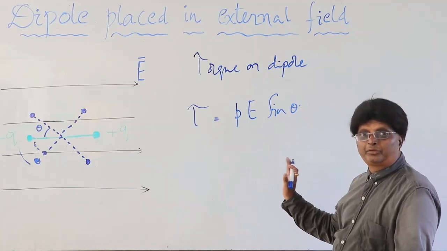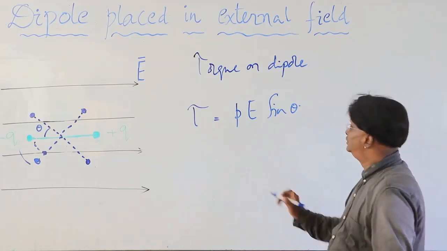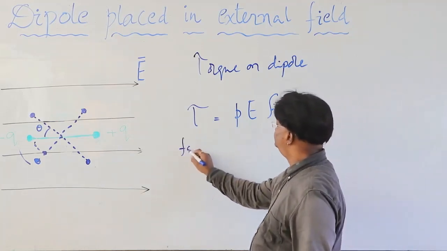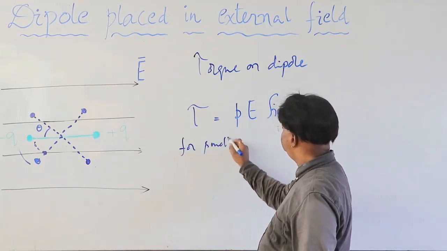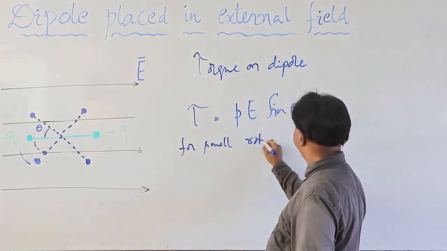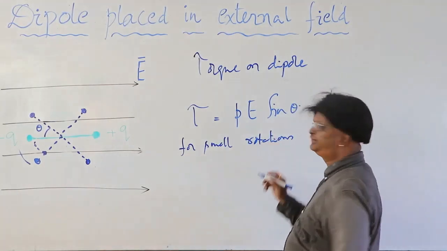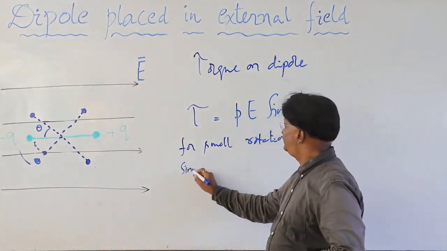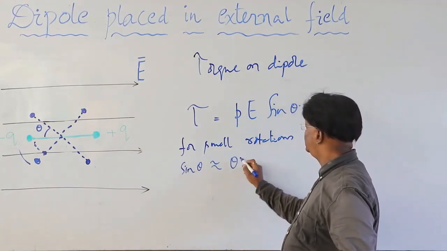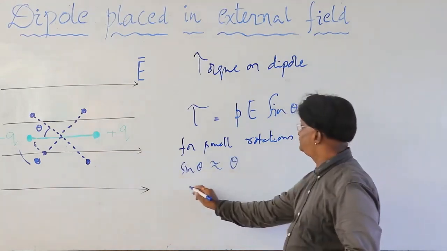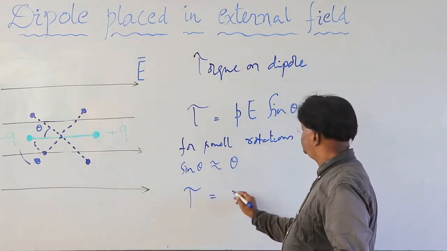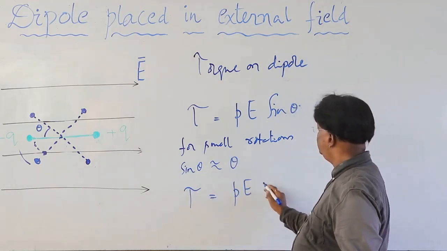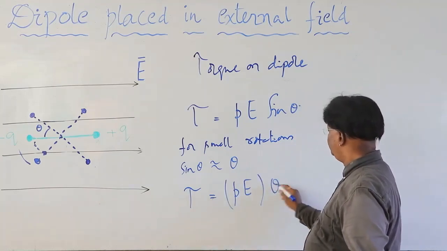That approximation I am using here. Therefore I am writing for small rotations from equilibrium, this sin theta I will write as theta. Therefore my expression is torque is equal to PE times theta.